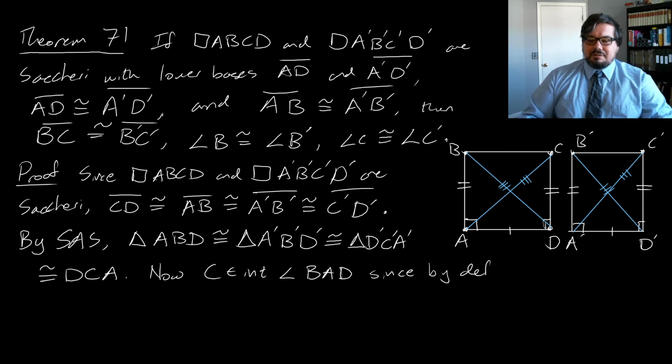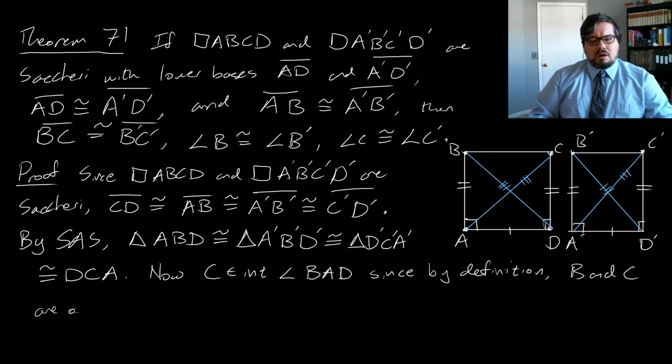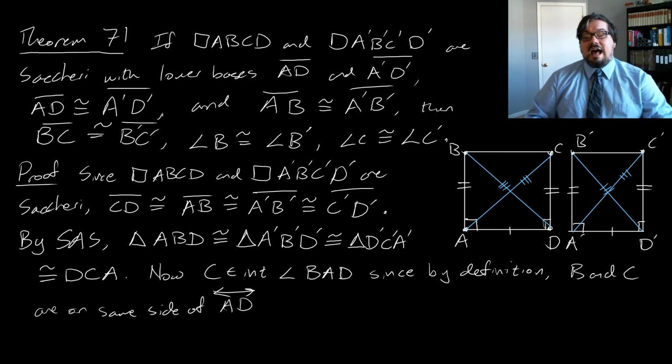By definition of the Saccheri quadrilateral, B and C are on the same side of the line AD. So that's half of what it means to be in the interior of an angle. The other thing that we need to know is that D and C are on the same side of the line AB.